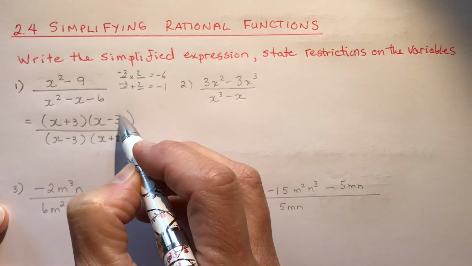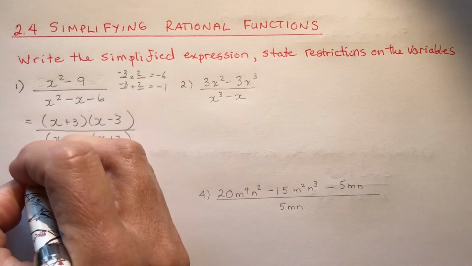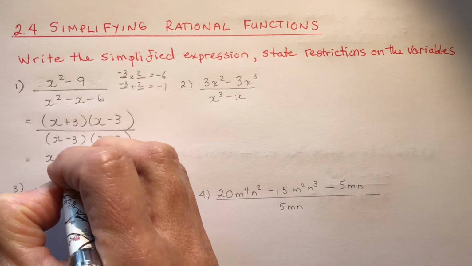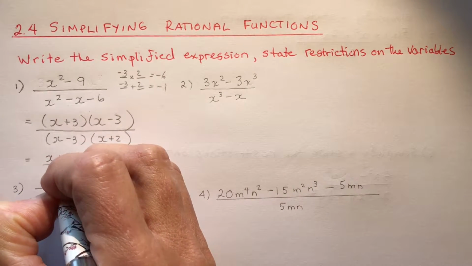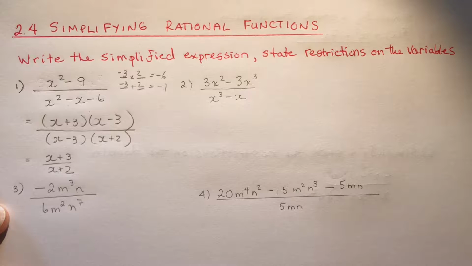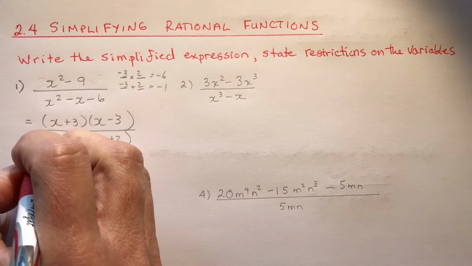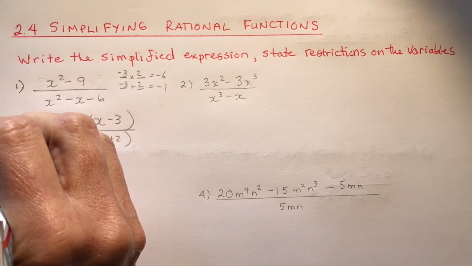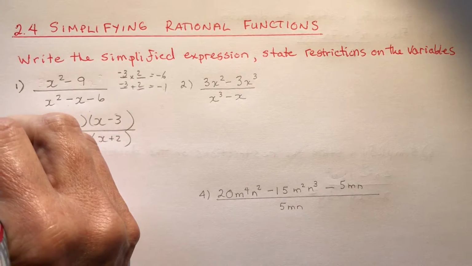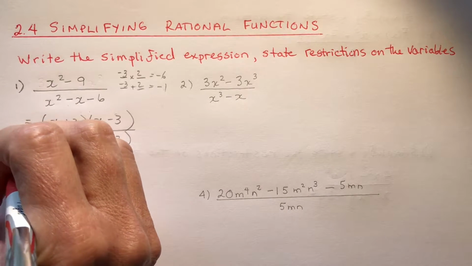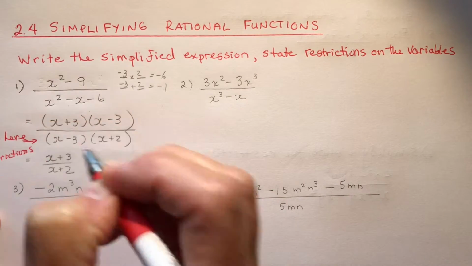So now you can see that these two will cancel out, and then I would simplify it to this. Now before I cross it out, I want to show you something important. X plus 2. So when I want to state what the restrictions are, restrictions must be stated as soon as you factor. So this is where you look for restrictions. Because if you go ahead and divide these out, you might forget about one of them, right?